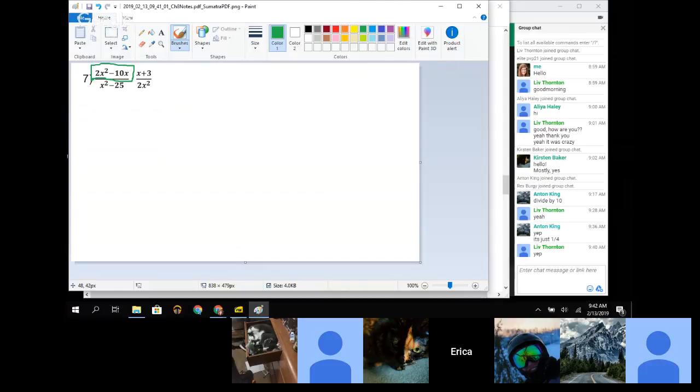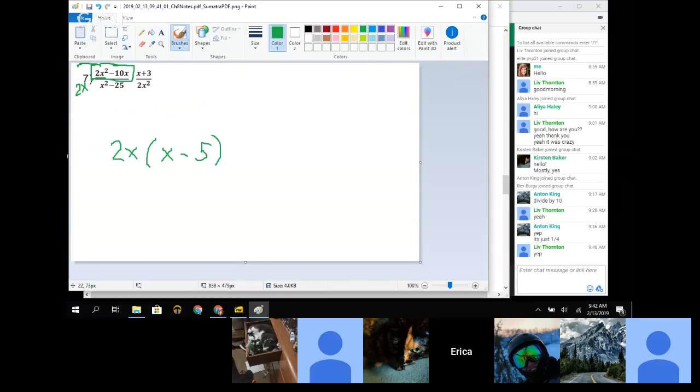I look at the greatest common factor of both of them. So I can factor out a 2x of both of those, and I'm left with x minus 5. So you see that? I pulled 2x out of both of these, and I'm left with x minus 5. So hopefully that helps me out, right?